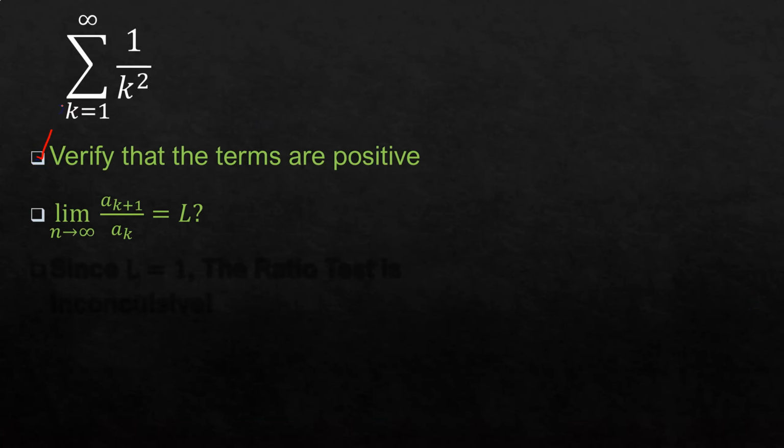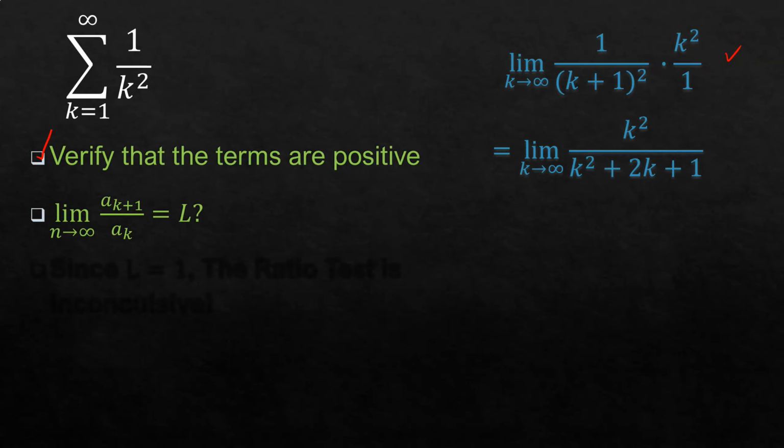Okay, now let's take a look at the limit. The limit as k goes to infinity of the k plus 1 first term divided by the kth term. Again, division is multiplying by the reciprocal, so that's what we're going to have. And we expand out the denominator there, multiply across.